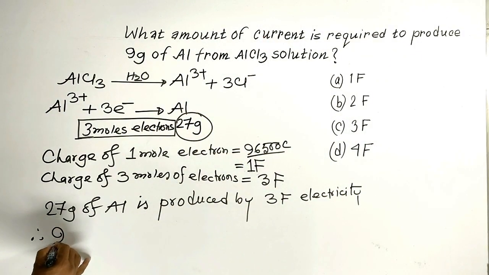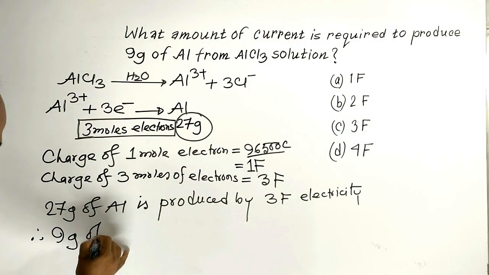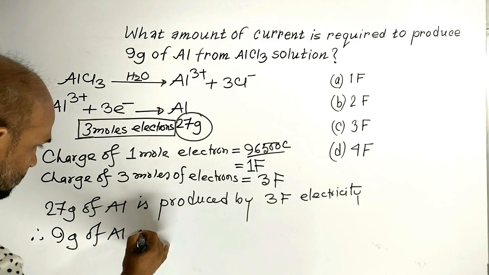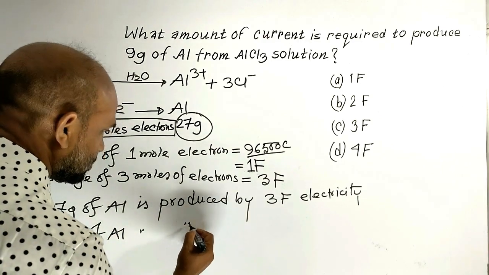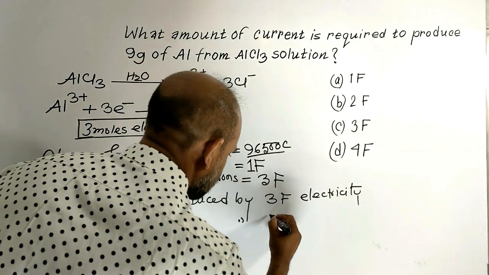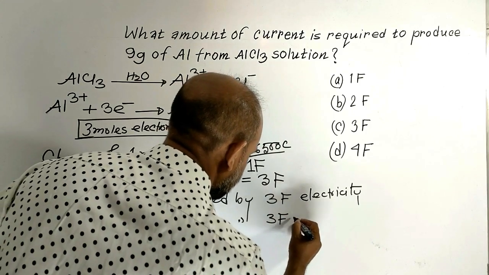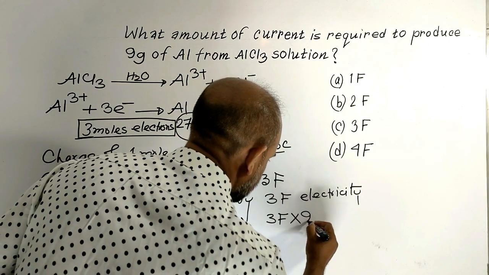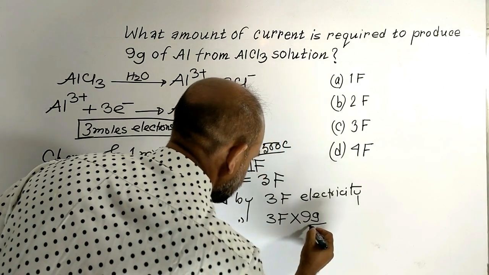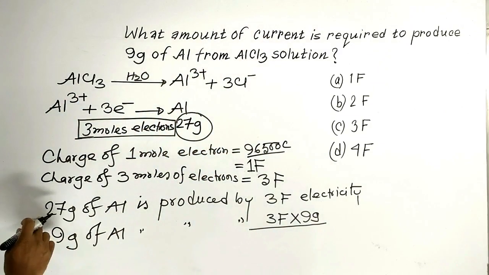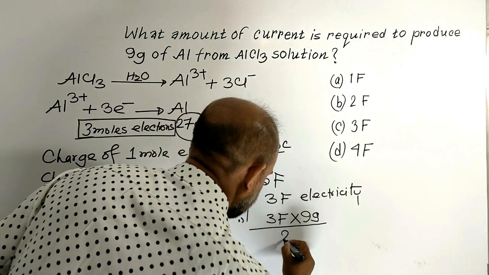Then 9 gram of aluminium is produced by 3 Faraday times 9 gram divided by 27 gram.